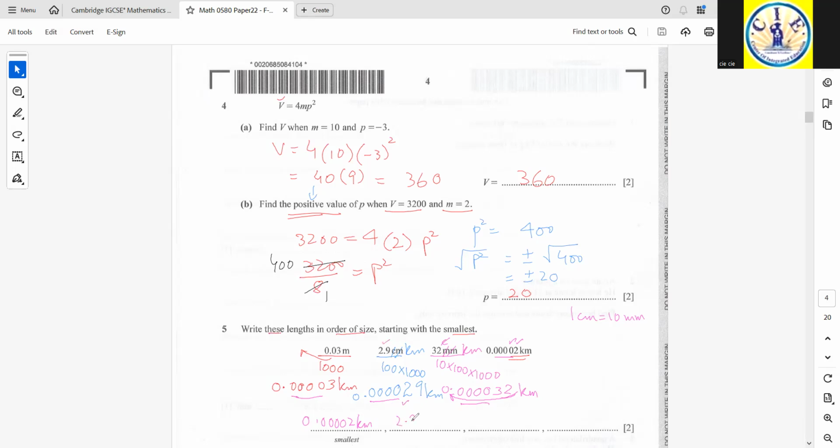So I'll write 2.9 centimeters. Then this amount, which is at third place, 0.00003 kilometers, came from 0.03 meters. So I'll write it down, 0.03 meters. And then finally, this one, 32 millimeters. So this is how we solve such questions.